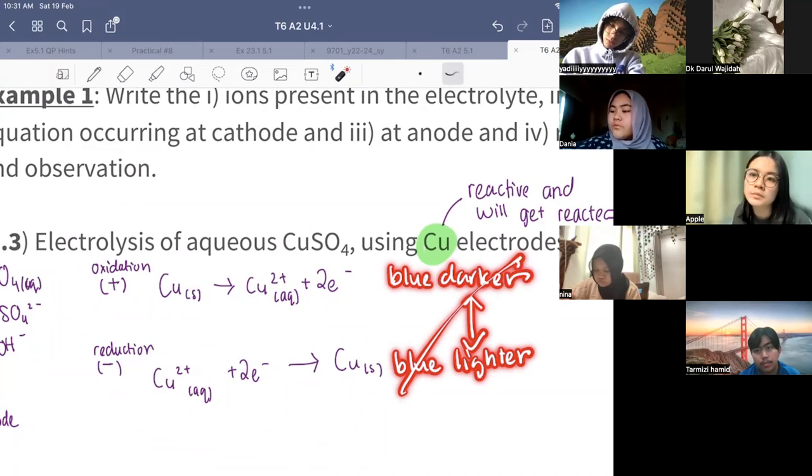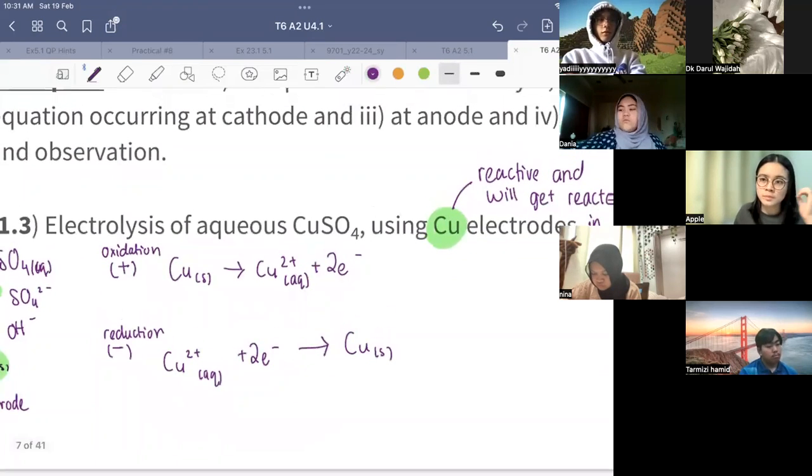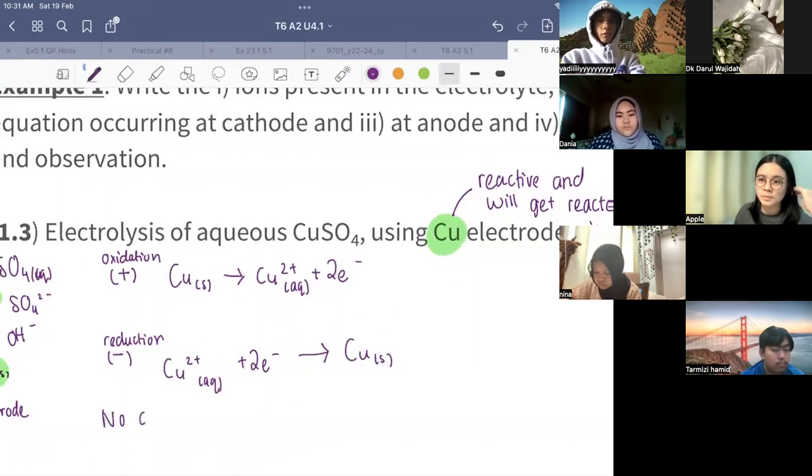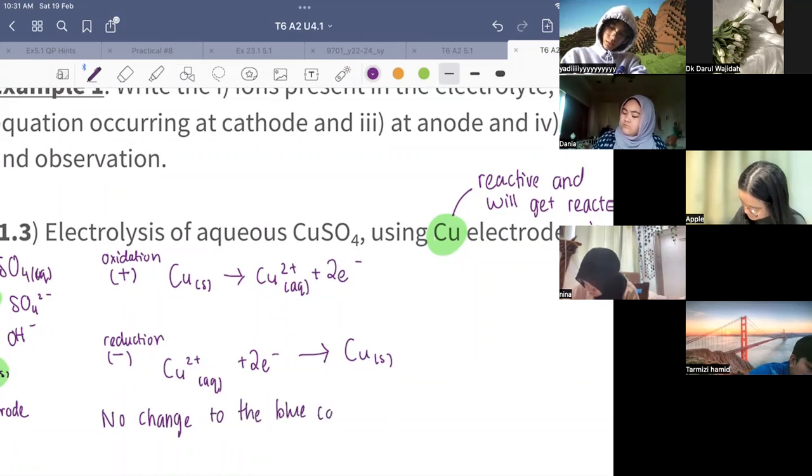So technically, you will not see any change to the blue color solution, which is your electrolyte.